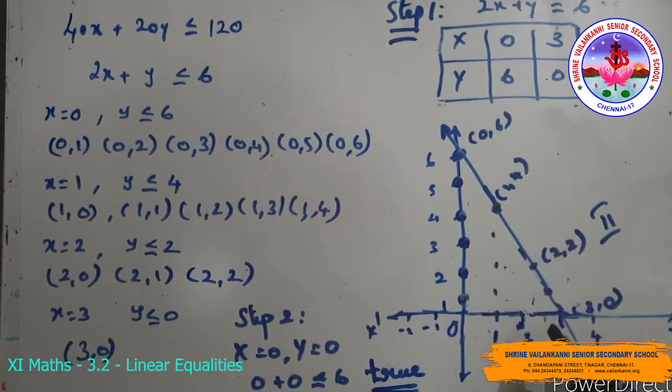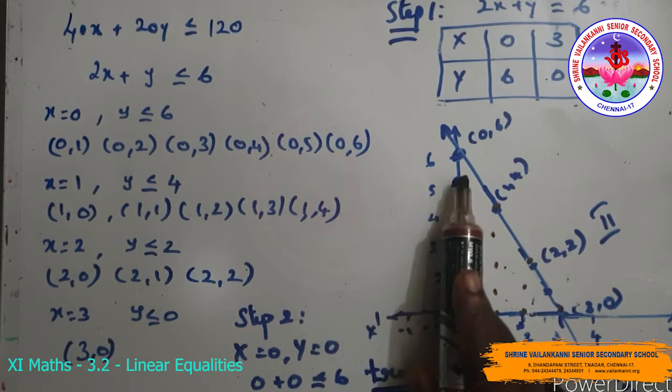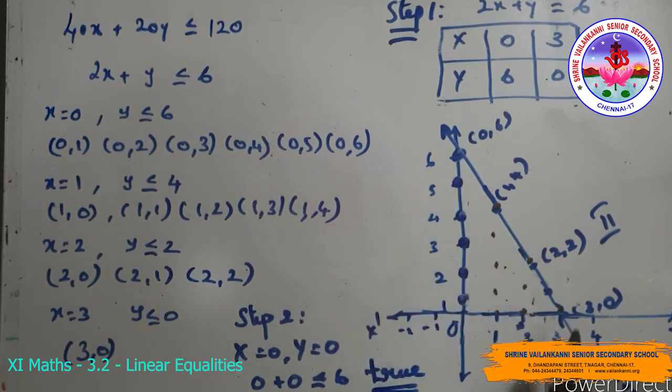Again when x is 2, y is less than or equal to 2. So the solutions are (2, 0), (2, 1) and (2, 2). Then (3, 0). So (0, 6) and (3, 0).